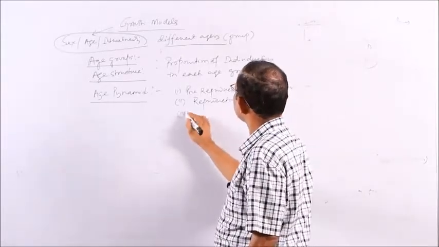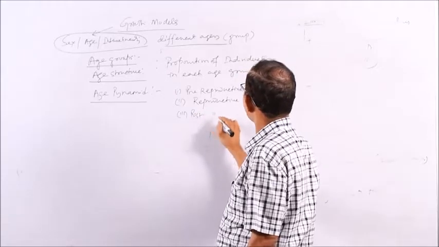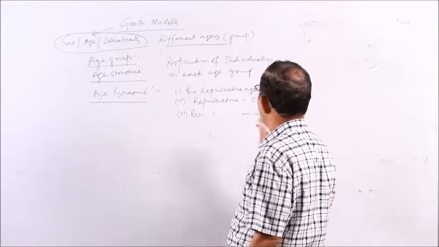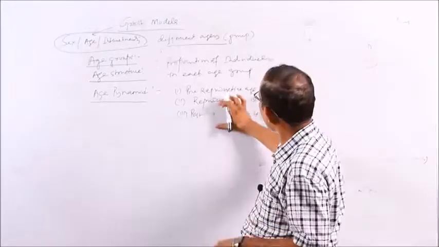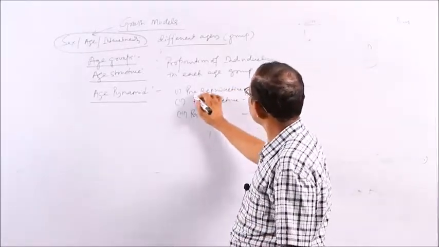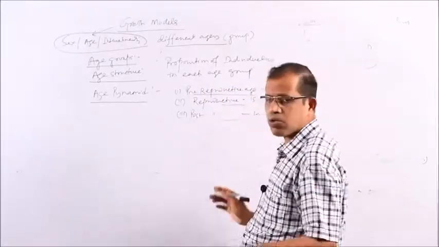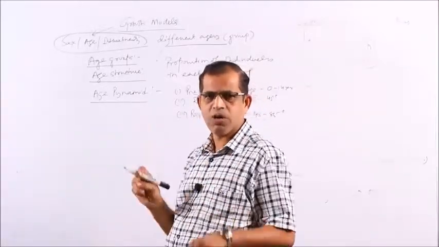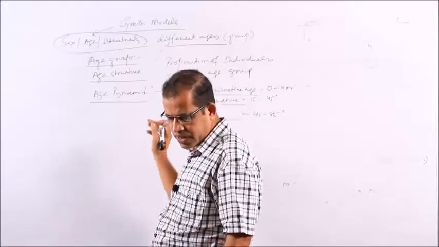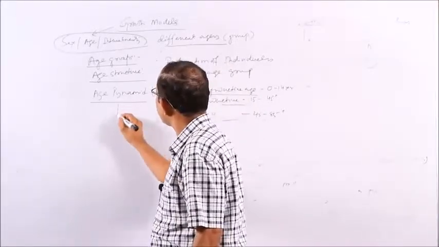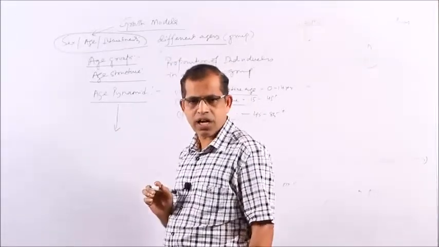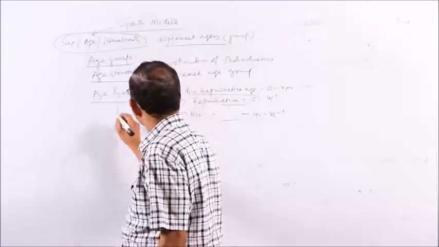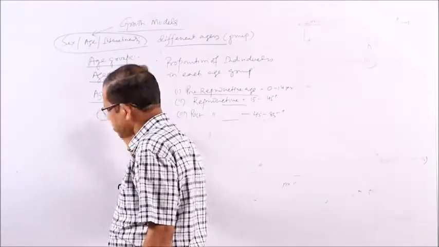Third is post-reproductive age, from 45 onwards. Depending upon how many people of each age group there are, they form a particular type of model. So, the age pyramid is of 3 types, which we are now going to describe.